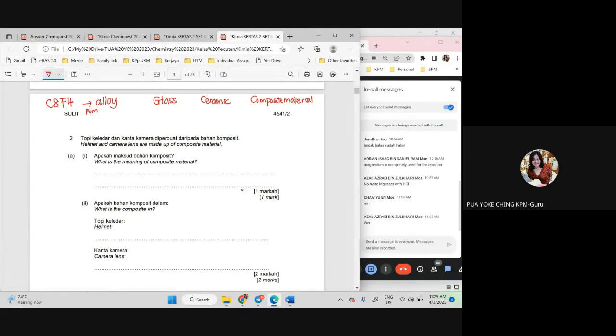This is alloy. And then in alloy, beside the aim, you need to memorize all those examples of alloy with its pure metal. Mean if you know brass, siapa dengan siapa, copper and zinc. When you have bronze, is copper with tin.